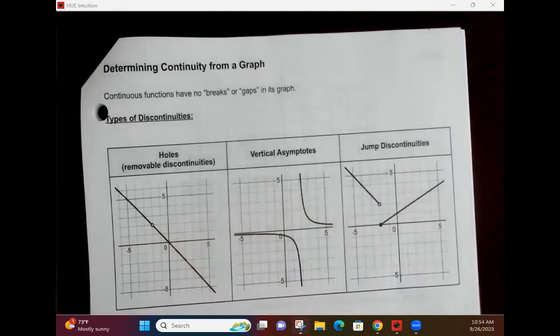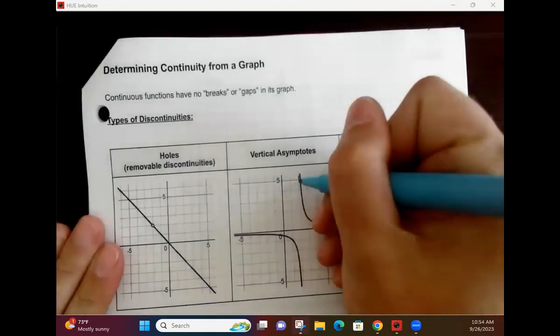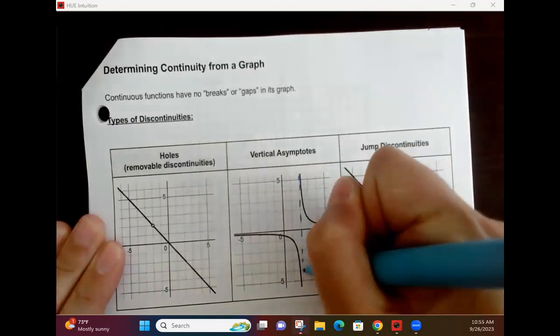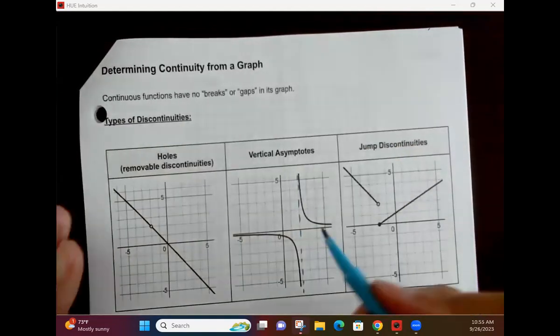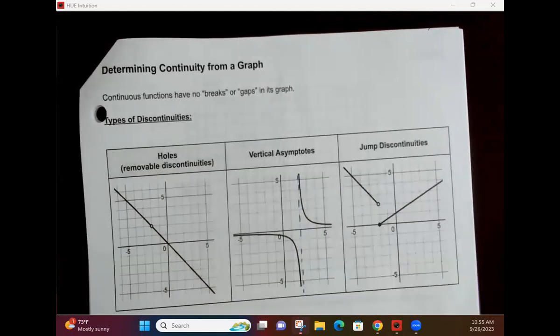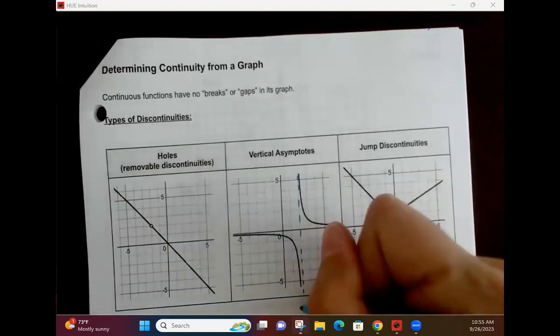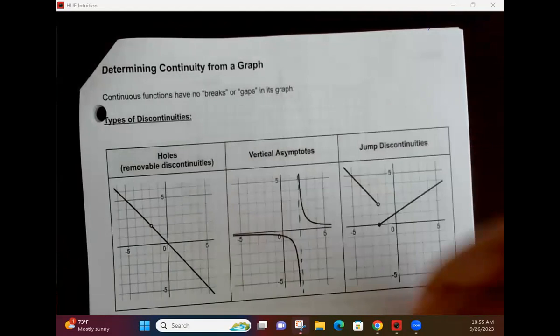jumps. So a vertical asymptote is this vertical line, well, they're called vertical asymptotes, that my graph can never touch or cross. At a vertical asymptote, our graph sort of splits, okay? It's going to go up forever or down forever. Maybe one side goes down forever. Maybe one side shoots up, right?